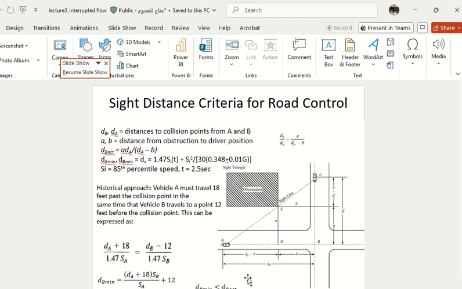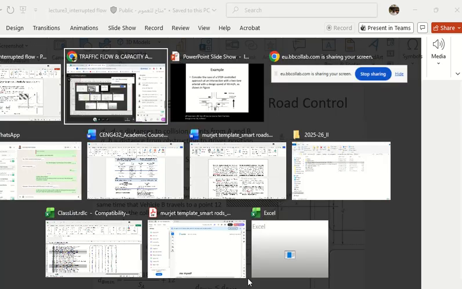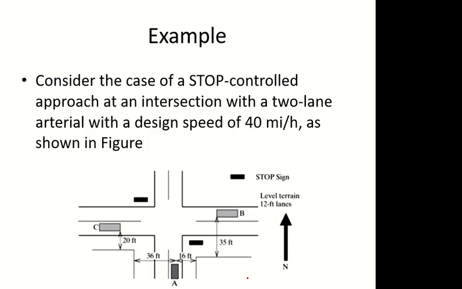So first of all, I will calculate dA for both sides now, for the right hand side and for the left hand side. So dA was the distance from this lane, the conflict point, to the curb line, then 18 feet behind the curb line.